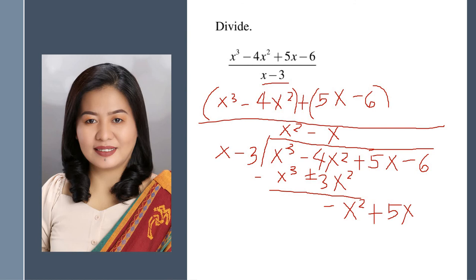Negative x times x is negative x squared, and negative x times negative 3 is plus 3x. Then we subtract, the operation will change, so that will be 2x, and bring down 6.